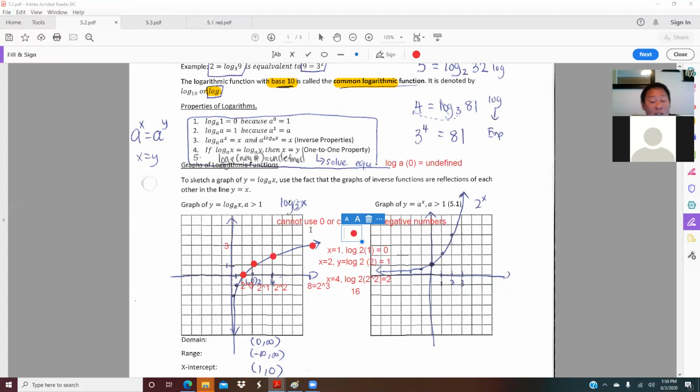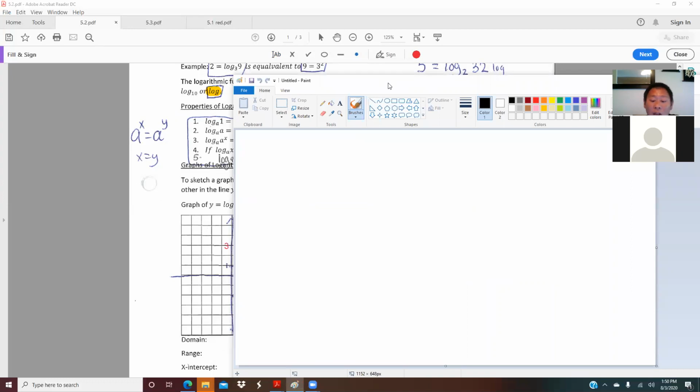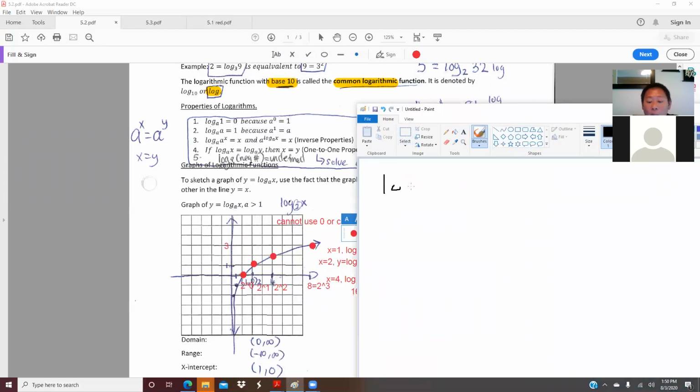So this is what happens when you have log 2x. So what happens when you have a log 3x? What will your graph look like when you have log 3x? So you still have the 1, 0. But now when y is 1, you take 3 to the power of 1.